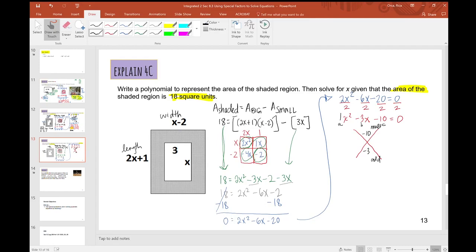I'll give you a few seconds to think about it. Great. So the numbers are -5 and 2. -5 times 2 is -10. And -5 plus 2 is -3. Divide those by a. A is 1.